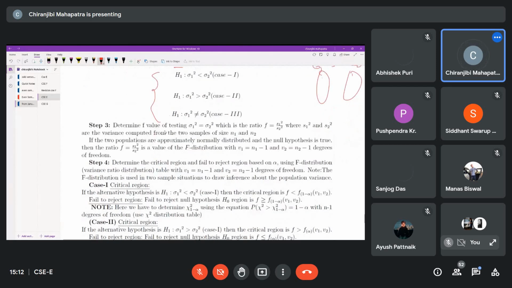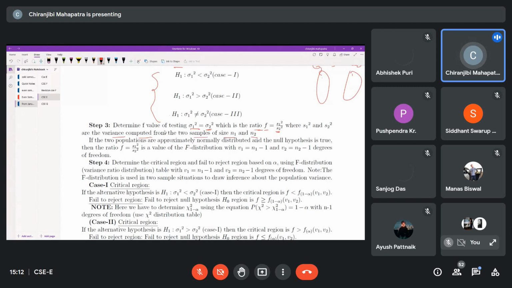Sigma 1 square equals sigma 2 square, which is the ratio F, s1 square by s2 square, where s1 square and s2 square are the variances computed from the two samples of size n1 and n2.